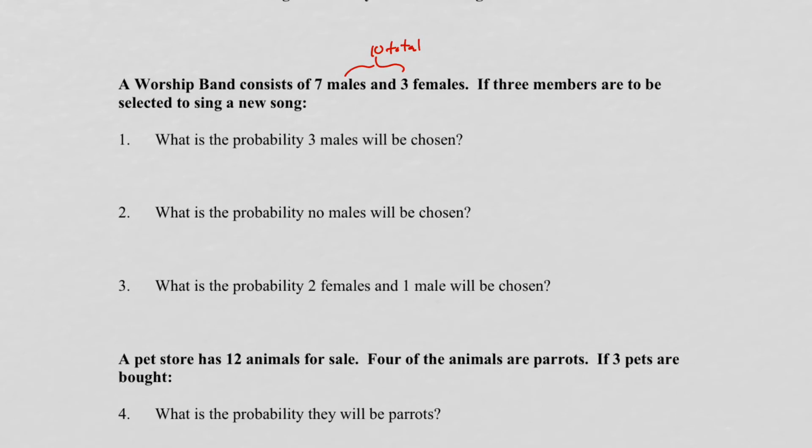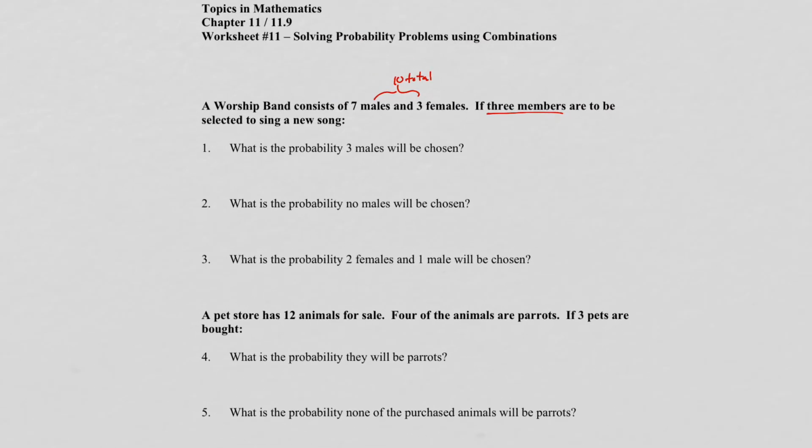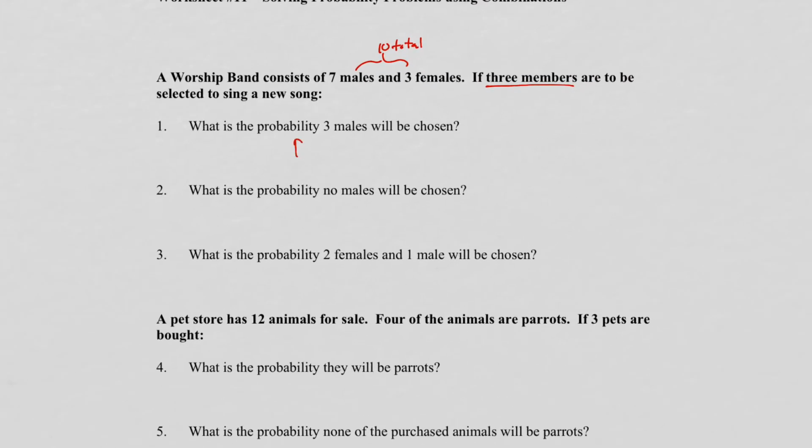If only 3 members are to be selected to sing a new song, okay, so that's the condition. 3 members only out of the 10. What is the probability that 3 males will be chosen? So this is asking for the probability of 3 males.